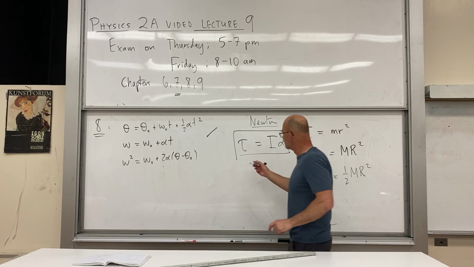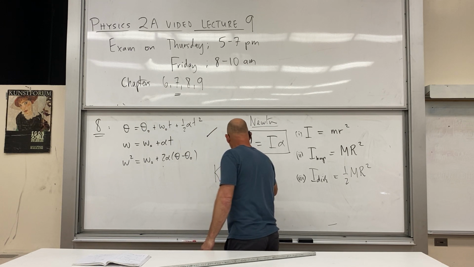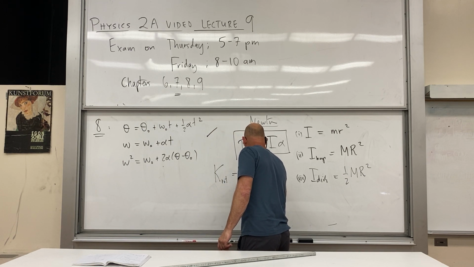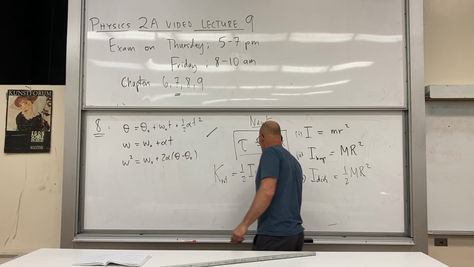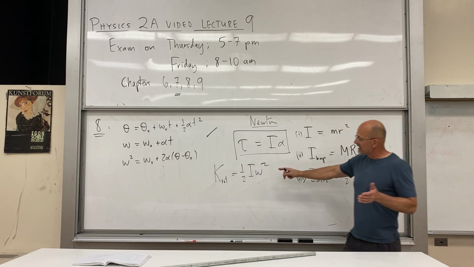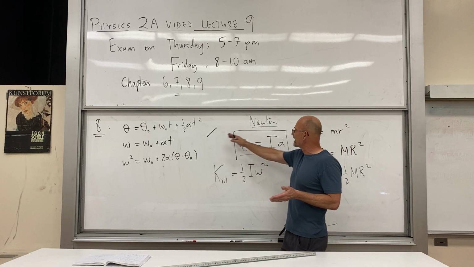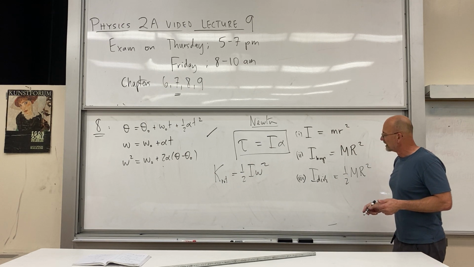We also have the kinetic energy of rotation is 1/2 I omega squared, just as kinetic energy of translation is 1/2 mv squared. So we have those full analogies in this subject here.